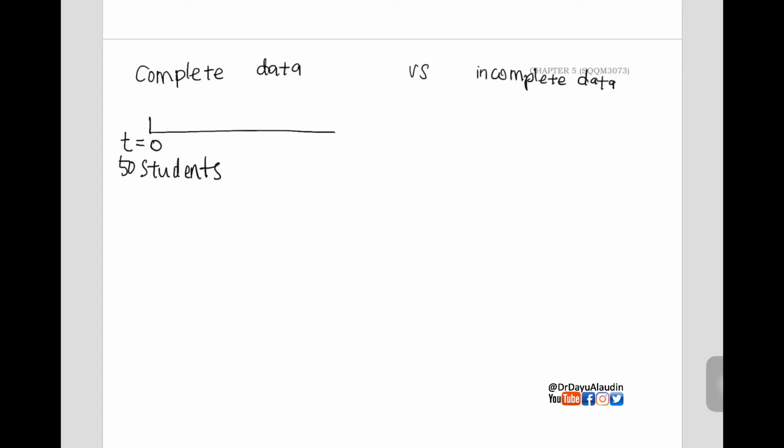We call it the initial point, at t equal to 0. So all these 50 students get into the class at the same time at t equal to 0, and then until t equal to 10. The t is in terms of minutes.